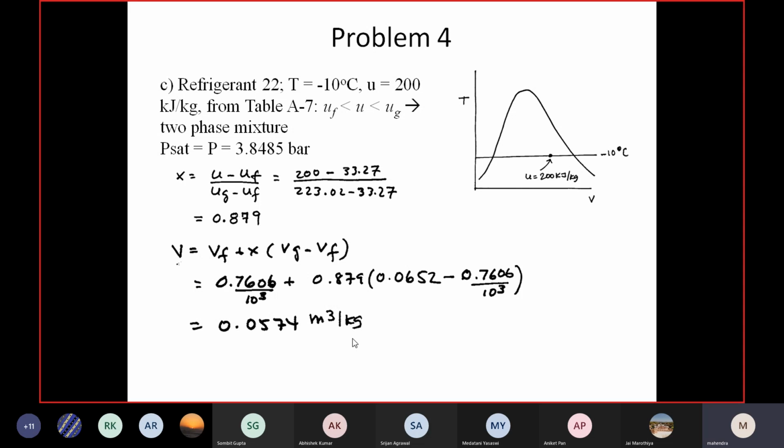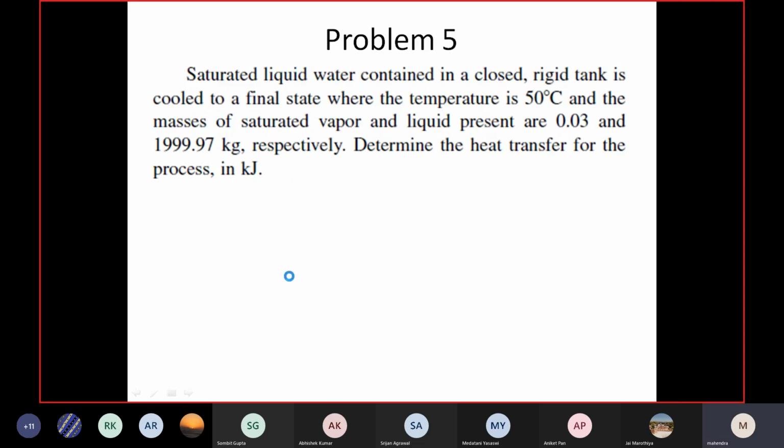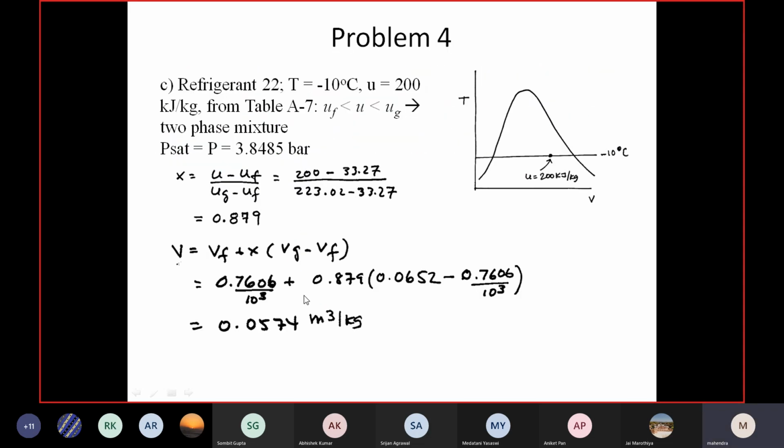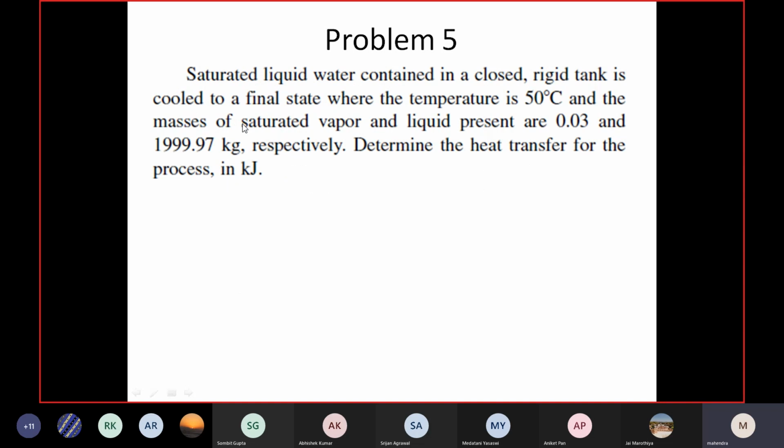This is the specific volume. That is about problem number 4. So problem number 5. We have 8 problems, but the 8th problem is a very small problem. We still have 25 minutes, so let us see problems 5, 6, 7 in detail.